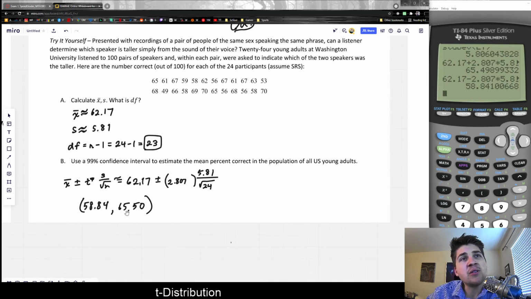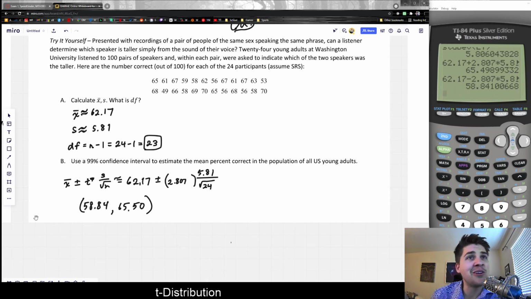What I would conclude is that yes, people can tell a difference in a speaker's height based on their voice. It's not 100% accuracy, but it's higher than 50%, which is what you'd expect if someone was just guessing. Since we're 99% sure it's higher than 50%, we can conclude that there's some ability to determine who is taller.